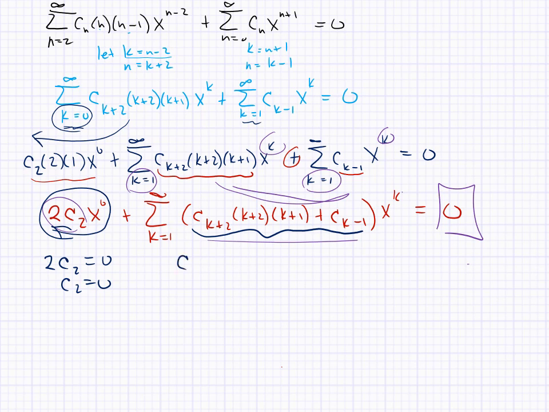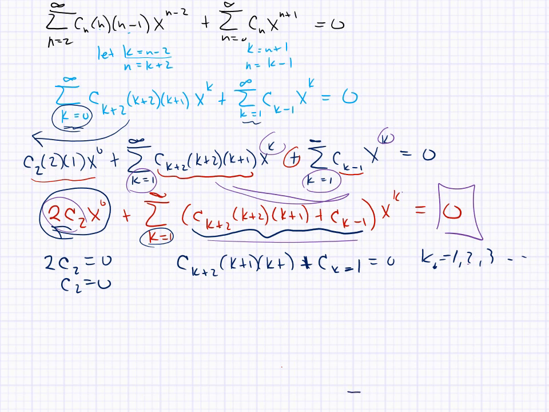So that whole thing, for any k, starting at 1, would also have to equal 0. Again, remember, it's for k equals 1, 2, 3, etc. Because that's where k starts.